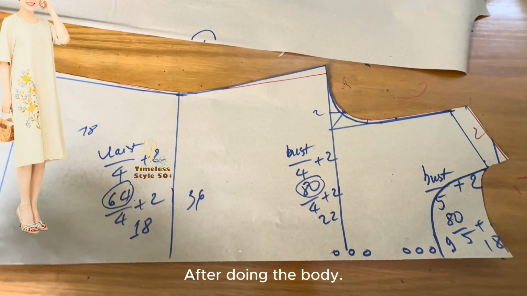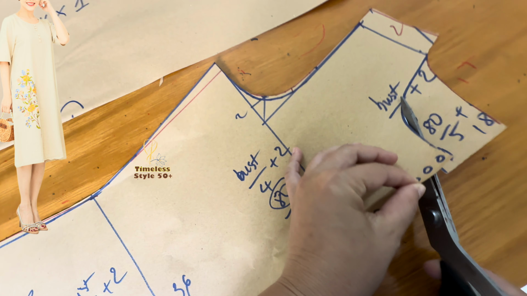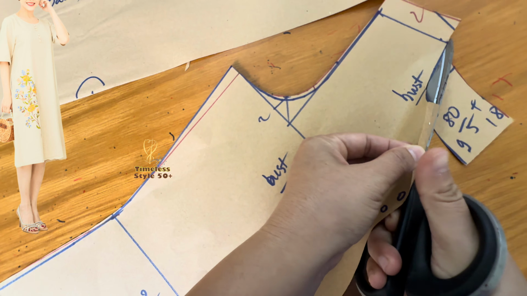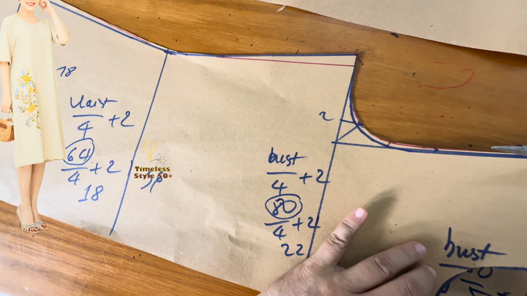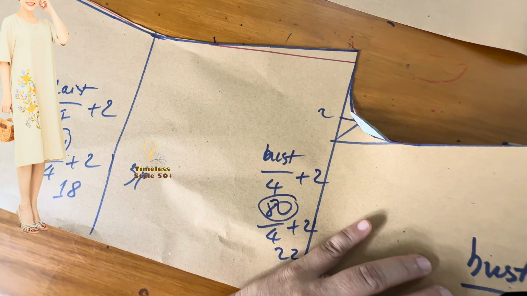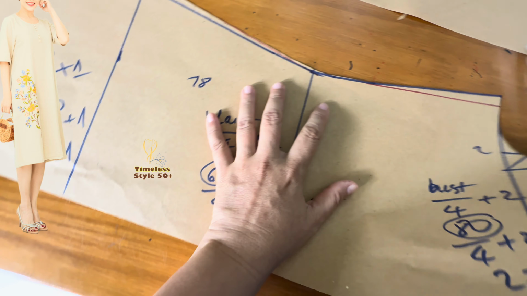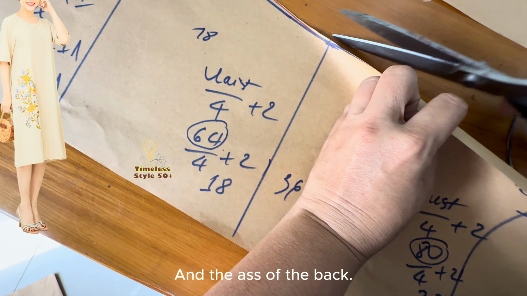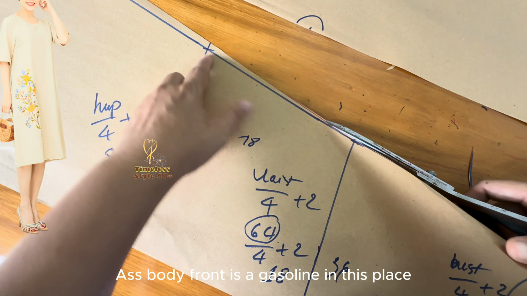After doing the body, I'll go through the body first. You cut. And the ass of the back will be bigger, as the body front is a gasoline in this place.